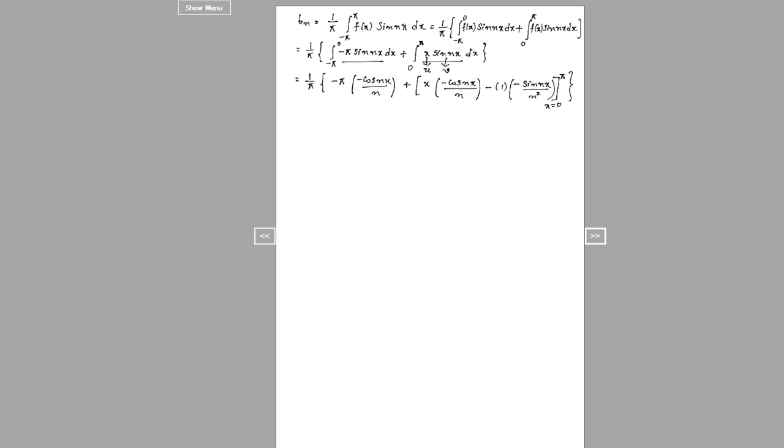Now see the term, which term will be 0? Sin n pi minus sin 0 will be 0, so we can strike off the sin term. Observe the left out terms, and if you have any common term you can take it out. Yes, we have a common term n in the denominator for both the terms, so you can take that outside. It becomes 1 by n pi, you are left out with minus into minus plus minus into minus.